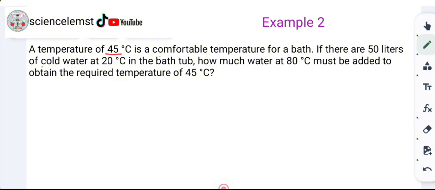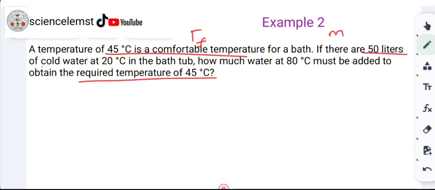So they're saying comfortable temperature is 45 degrees. And we want to reach the 45 degrees because that is the required temperature. This means we are dealing with our final temperature.